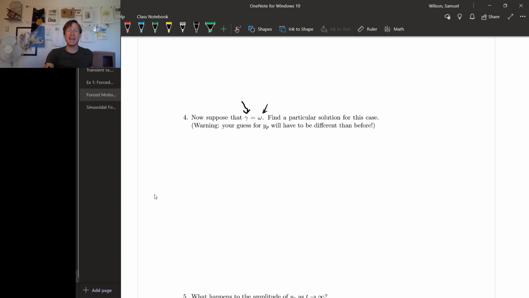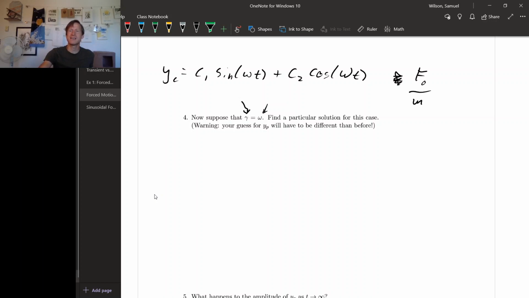So in that case, remember the complementary solution is some constant times sine omega t plus some other constant times cosine omega t. The right-hand side of our differential equation is f sub 0 over mass times sine of gamma t.